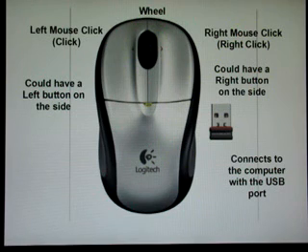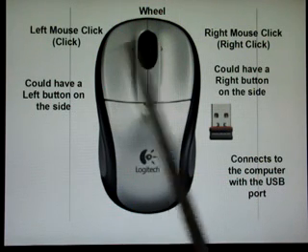Now, in connection, if we want that program to open, I will say double click, which means two quick repetitions of a click on top of that icon, and the program will respond. This is always a left button action.